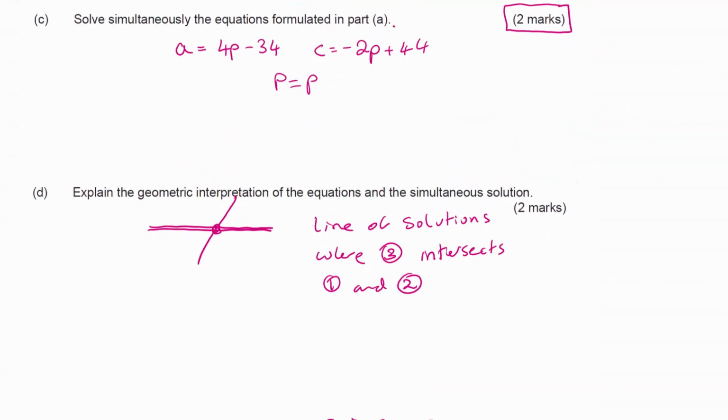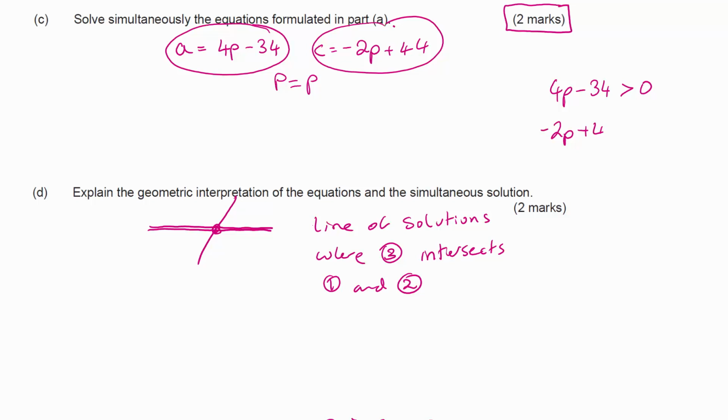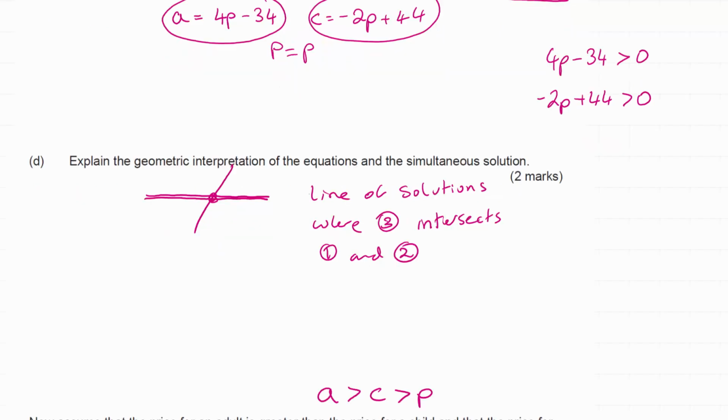So if we go back up to here, we're going to need 4p minus 34 to be positive and negative 2p plus 44 to be positive in order for this to all make sense.